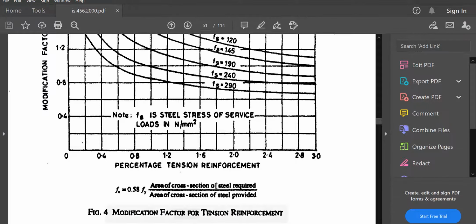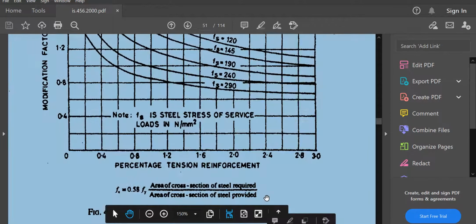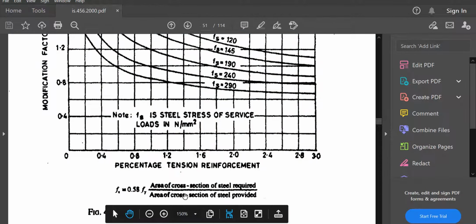That is the difference between area of steel required and area of steel provided. This area of steel provided will be slightly higher than the area of steel required, as you know, when you have designed the beams. So from there you'll get the value for Fs by multiplying 0.58 into Fy into these two ratios.